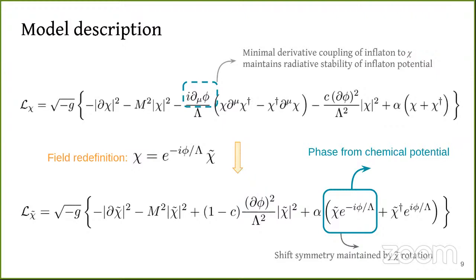Yes, we're thinking in an effective field theory way, with a cutoff, and we're trying to see what ingredients we need to realize this chemical potential in scalar fields. So we don't have any specific UV model in mind here. Okay, I see. Thank you very much.